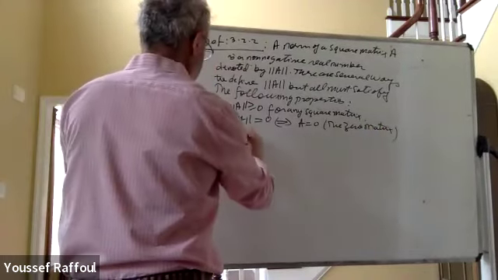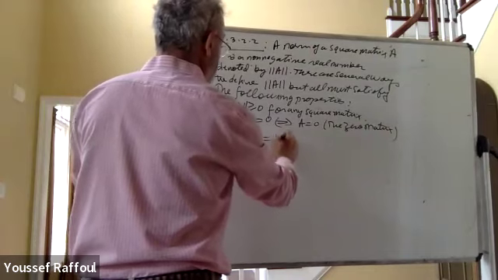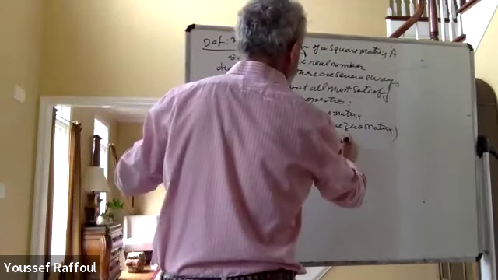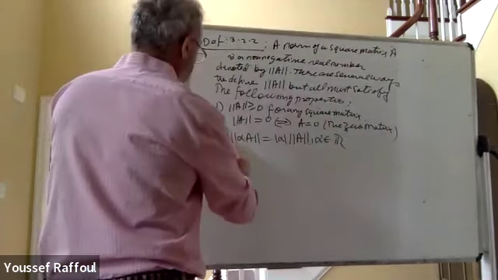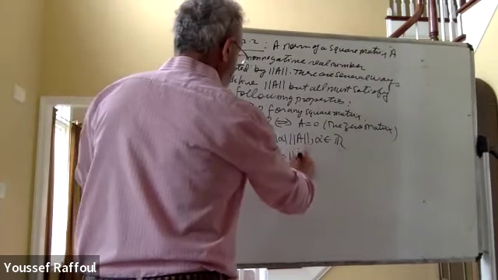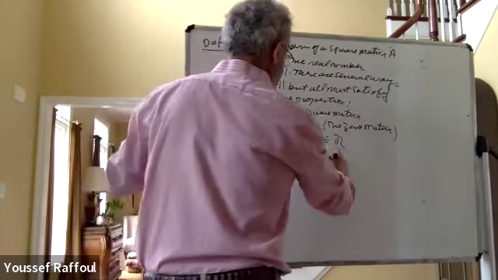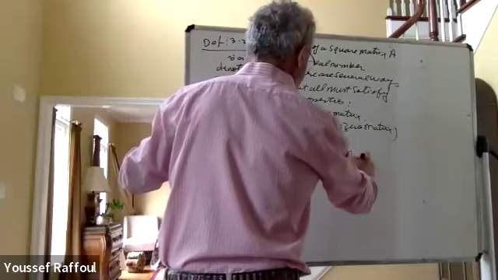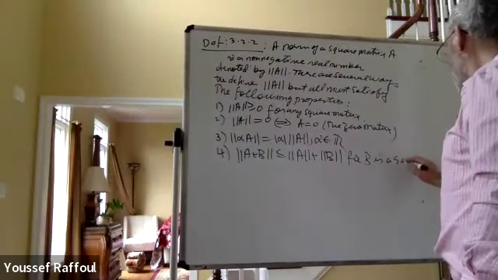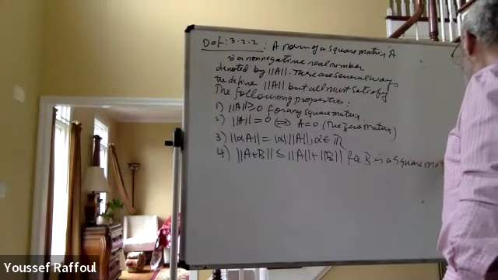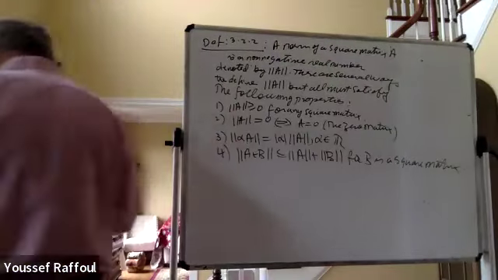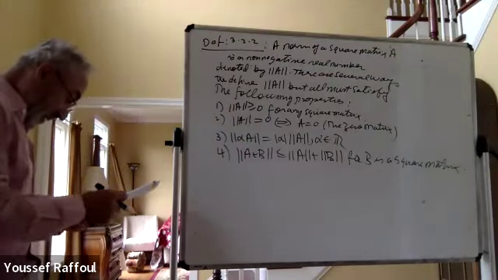Three, ||alpha A|| is |alpha| times ||A||, alpha belongs to R. And four, ||A + B|| is less or equal to ||A|| + ||B||, where B is a square matrix. So this is the norm of a matrix. It's similar to the norm of a vector.